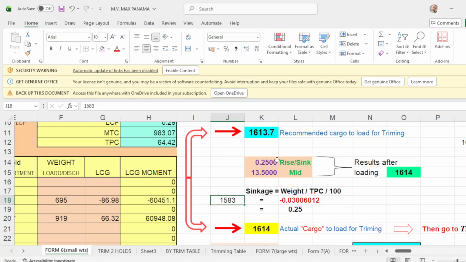So instead of this figure, you put this one. So I put here 1583. And look what happens to this figure.